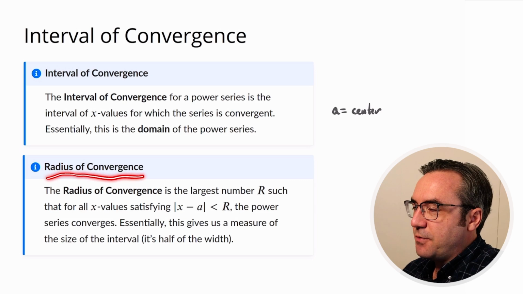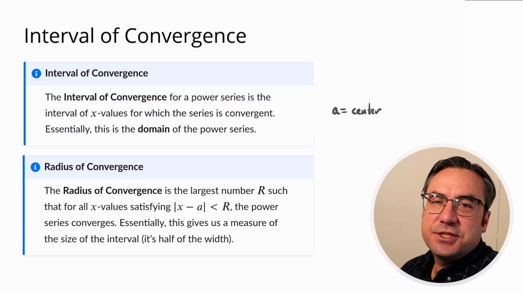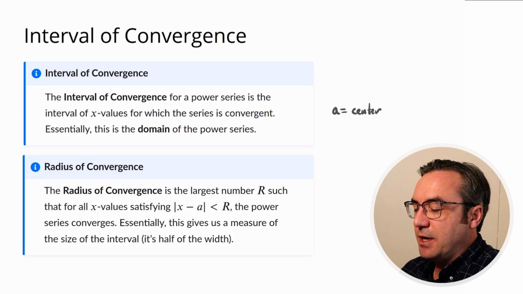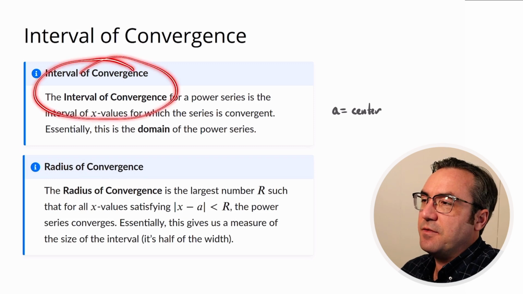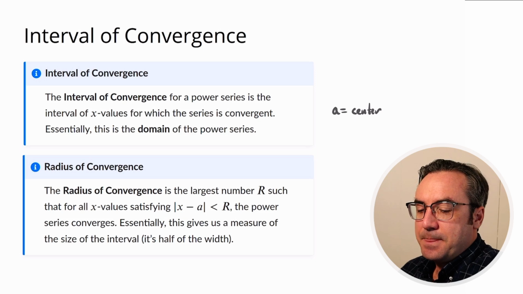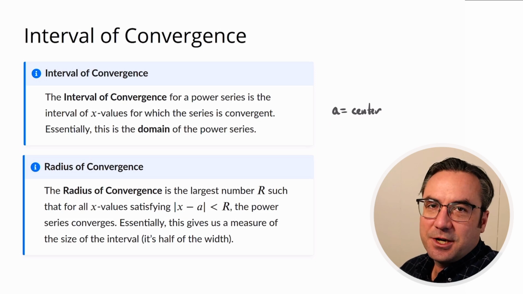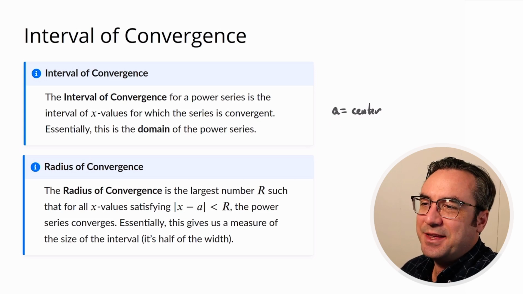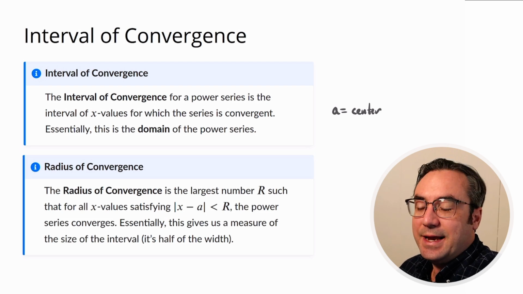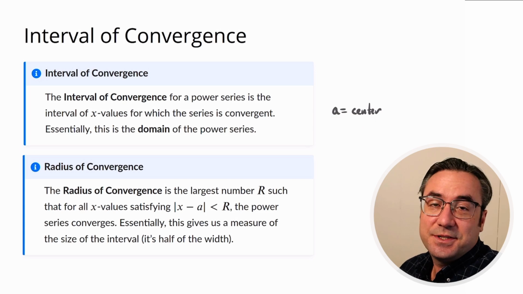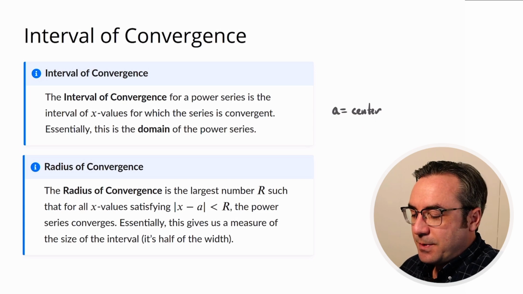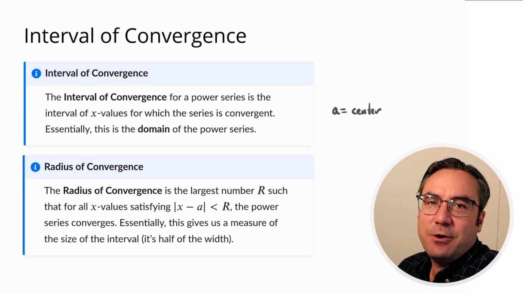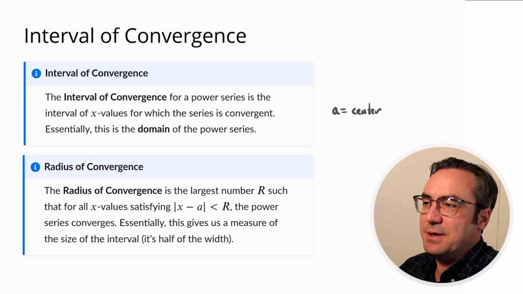Now, the radius of convergence, essentially this is just giving us a measurement of the size of our domain. So when we talk about the interval of convergence, you almost want to think of it like it's a circle. And the A value here is the center point of that circle. So the radius is just describing how big our interval is in some way.